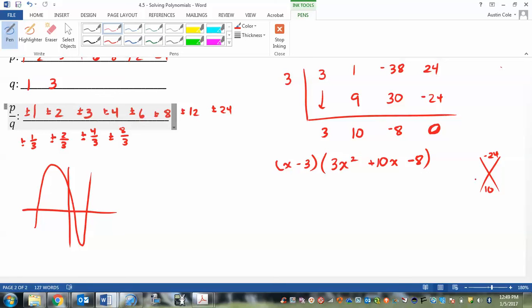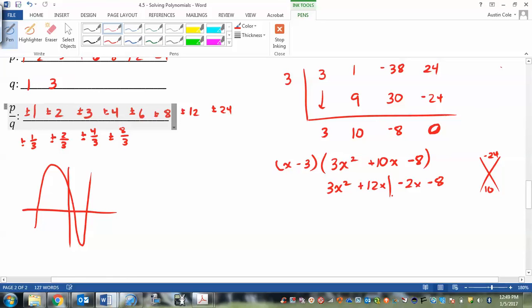Because -6 and -4 is positive 20. 12 and 2. How about positive 12 and -2? Yeah. Okay, so I'm going to rewrite it, 3x squared plus 12x minus 2x minus 8.